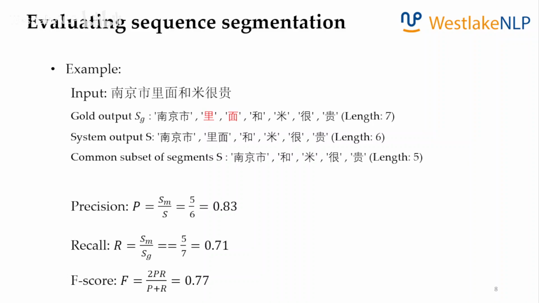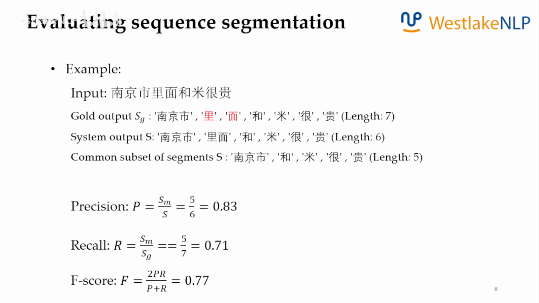So you match the system output with the gold output, you found that 5 words are the same, okay? So SM will contain 5 words. And so the precision is 5 out of 6, okay, for your output. And the recall is 5 out of 7, okay, measured according to the gold output. So your F score will be calculated according to the equation.